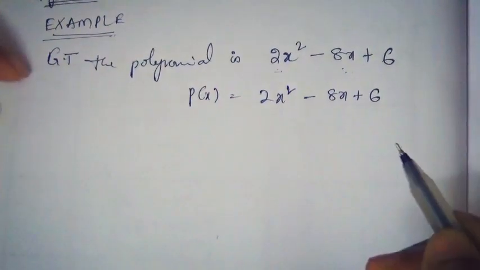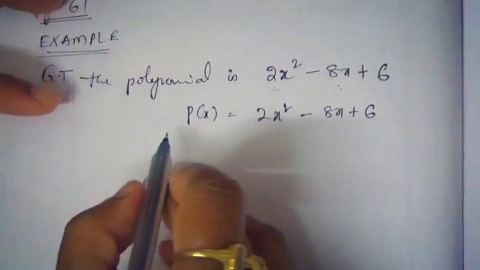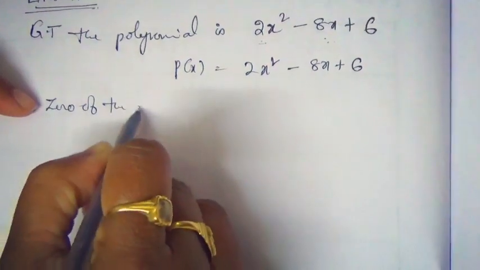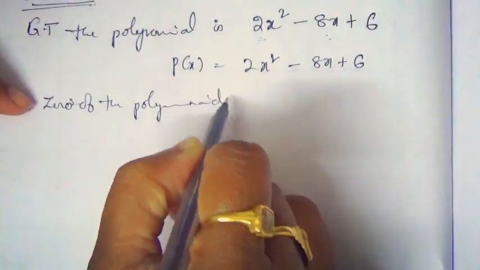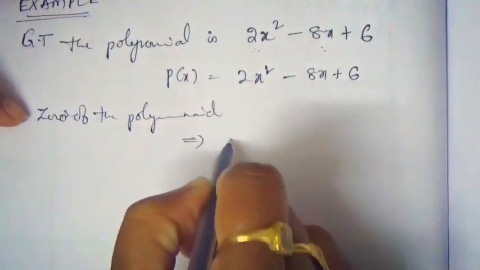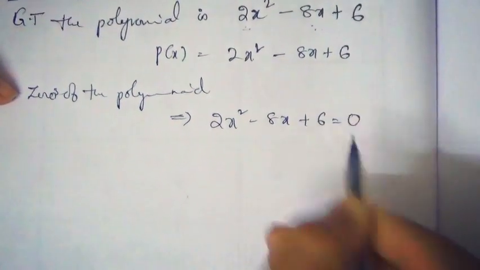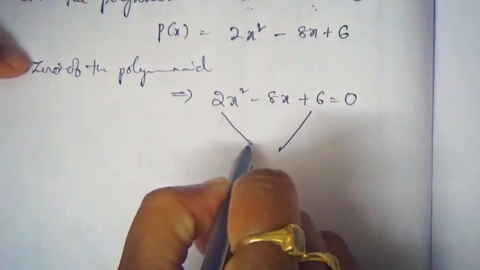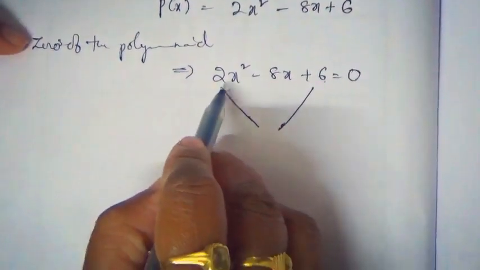First of all, we have to find the zeros of the polynomial by the factorization method. So let us take the zero of the polynomial: 2x square minus 8x plus 6 is equal to 0. In the graph verification we did this method. Multiply the first term and the last term.